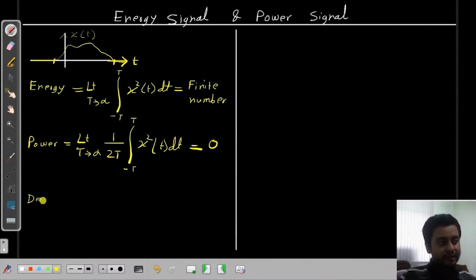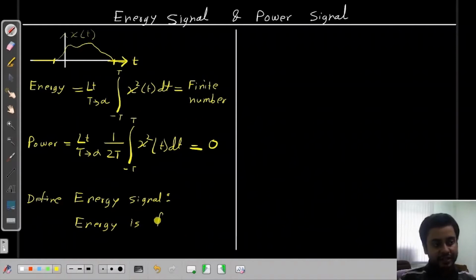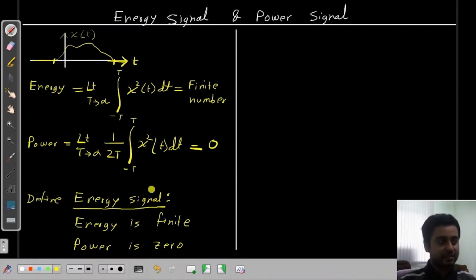So we define an energy signal as a signal for which energy is finite but power is 0. Such signals are called energy signals.